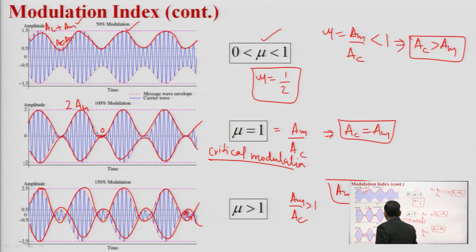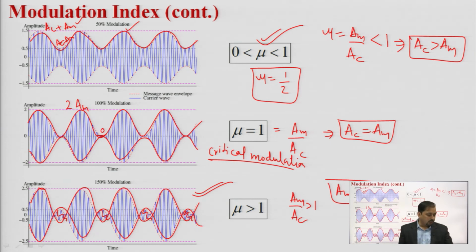In this region there is a mixing of envelopes. At the receiving side, we cannot detect these envelopes because they get intermixed. This is called over modulation, which is avoided. So, we prefer that mu is between 0 and 1.